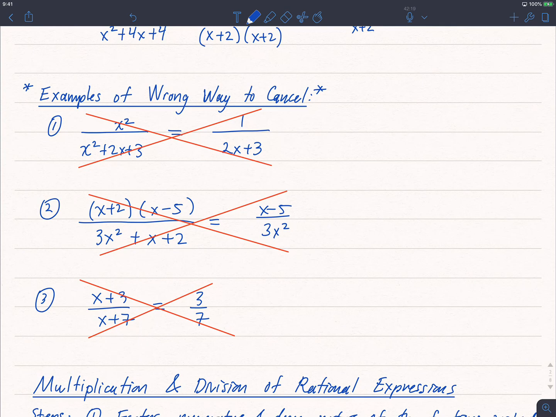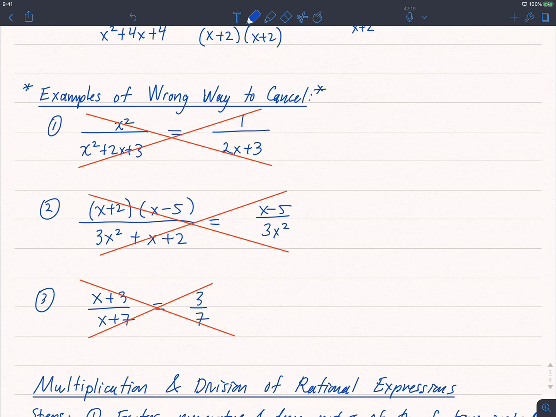Let's look at number 1 of a wrong way to cancel. What we did wrong is, even though there's an x squared in the numerator and an x squared in the denominator, x squared is a factor of the numerator, but x squared is a term of the denominator because it's being added in the denominator to everything else. So we can't cancel. We can only cancel two factors.